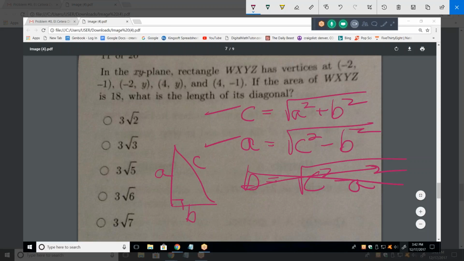Just switch your A and your B. So the way to memorize this is when you're solving for the hypotenuse, it's added inside the other 2 variables, squared. When you're solving for one of the short sides, it's the hypotenuse first squared minus the other short side squared. So you're subtracting, hypotenuse always goes in front.